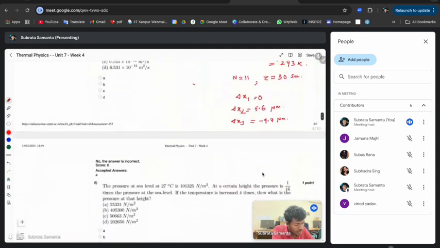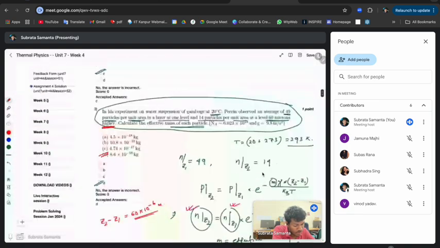So 5.6 micrometer, if we change into centimeter, is basically 5.6 times 10 to the power minus 4 centimeter. Since 1 micrometer is 10 to the power minus 6 meter, and 1 meter is 10 to the power 2 centimeter, 1 micrometer equals 10 to the power minus 4 centimeter. So the numbers are the same, right?